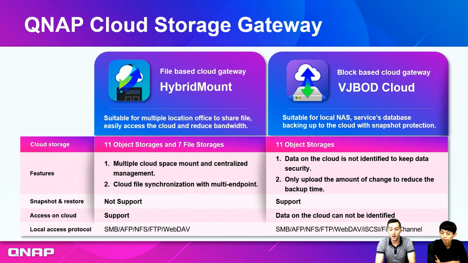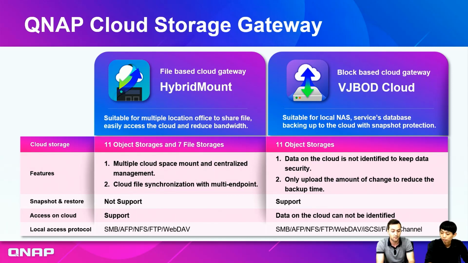HybridMount has features like space mount, centralized management, and also cloud file synchronization with multiple endpoints. And we talk about some other parts: Snapshot, for example, is supported by VJBOD Cloud, but not necessarily on HybridMount, as it is on the other end, but it has access to the cloud.